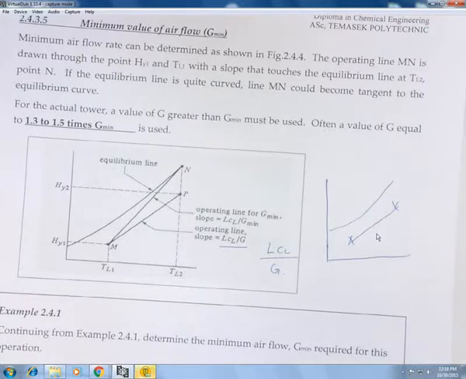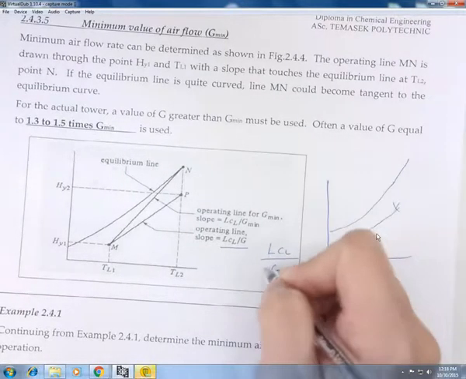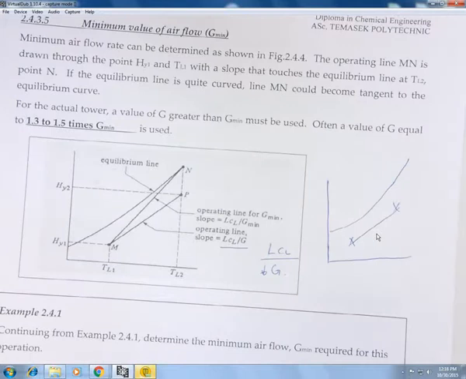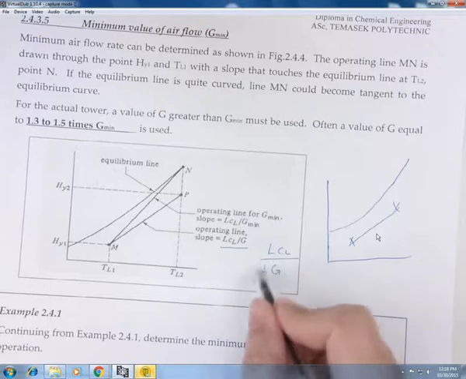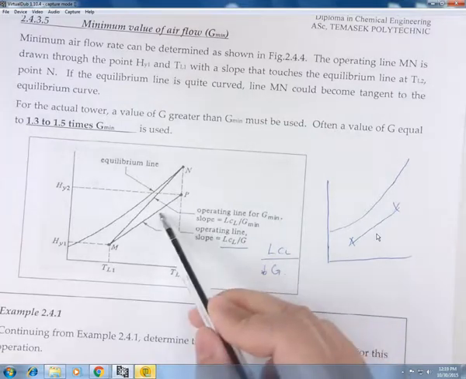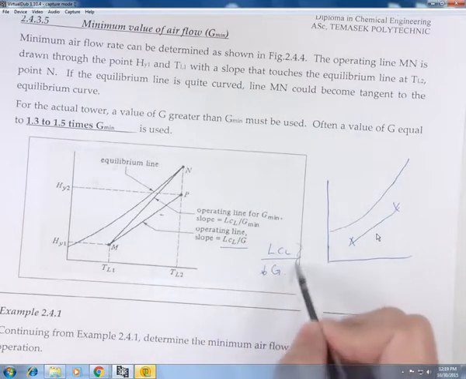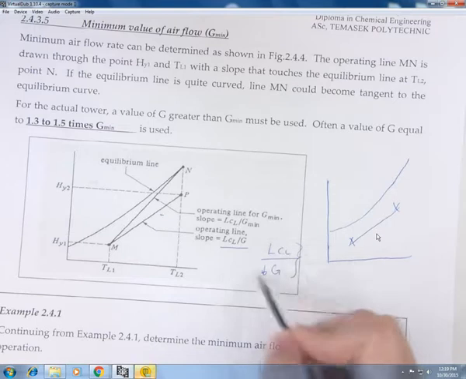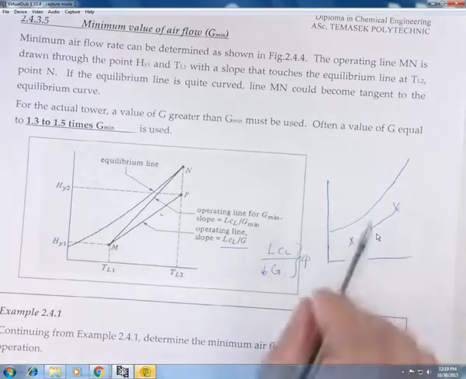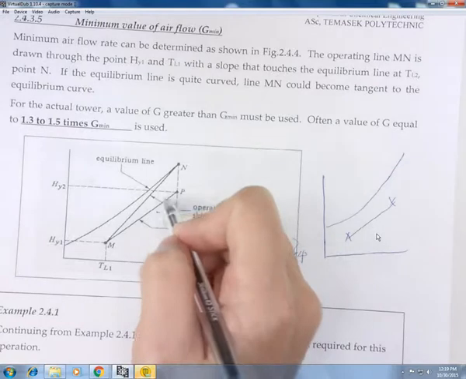So now we're saying that in a particular process, I would like to reduce my G, my airflow rate. What's the implication if I reduce my airflow rate on the operating line? My slope, my gradient will go up if G is lower. Gradient going up means that your line will shift in this direction here.